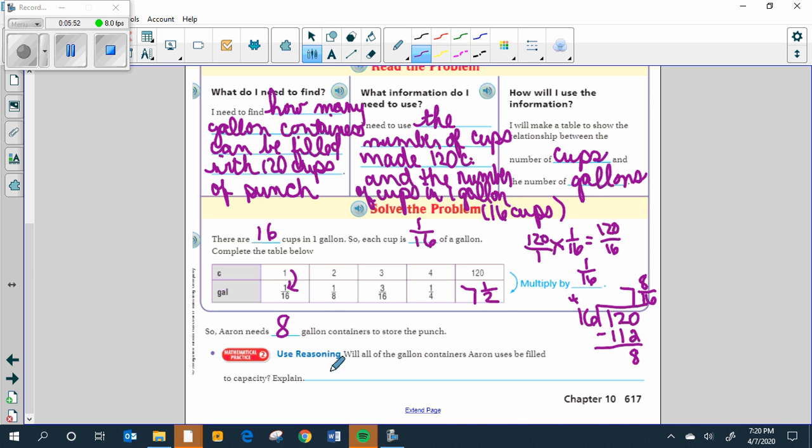It will be just half full. So we could just say one jug or one container will be half full. Not completely filled.